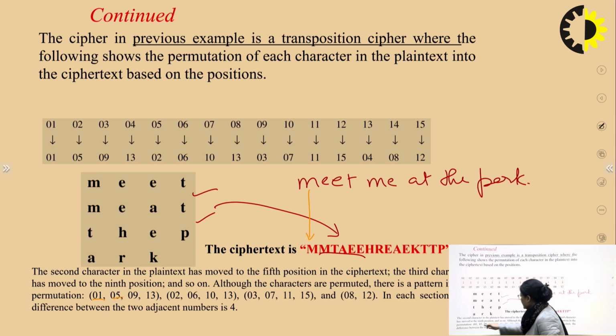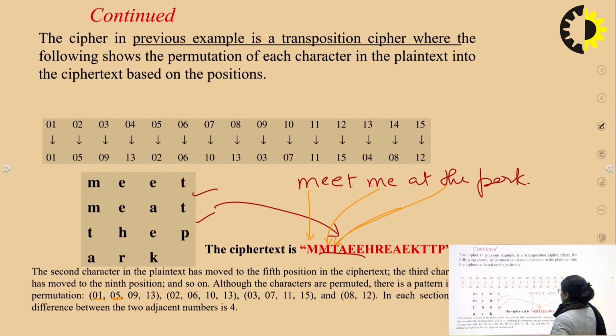Then the fifth letter comes to the second position, that is first, second, third, fourth, fifth. Then the ninth letter, 1, 2, 3, 4, 5, 6, 7, 8, 9, comes to the third position. The 13th letter, that means A here, comes to the fourth position, and so on.